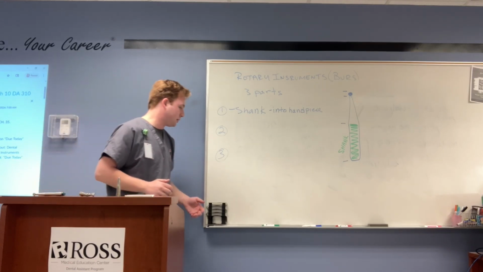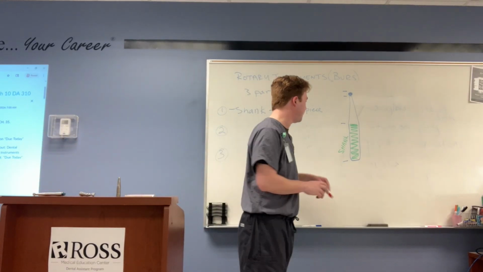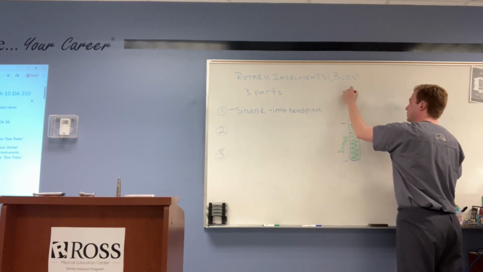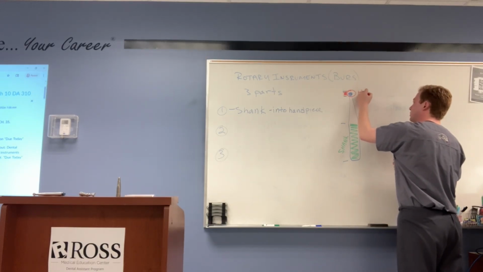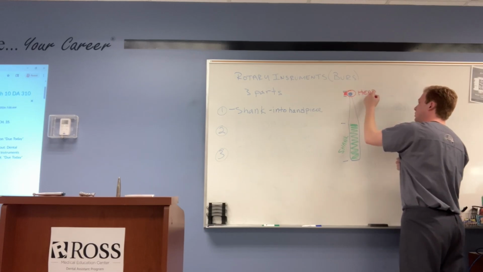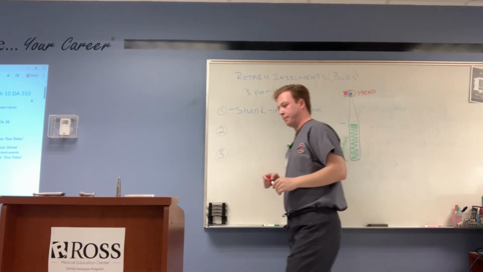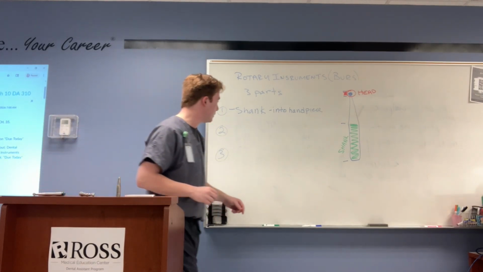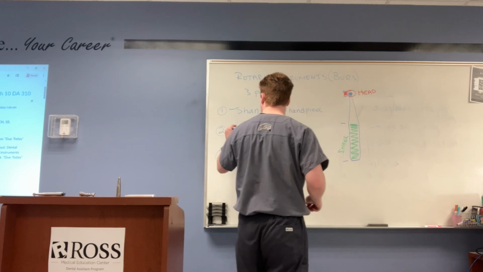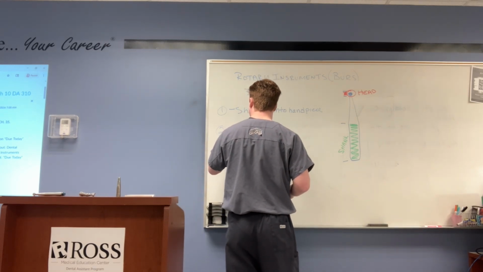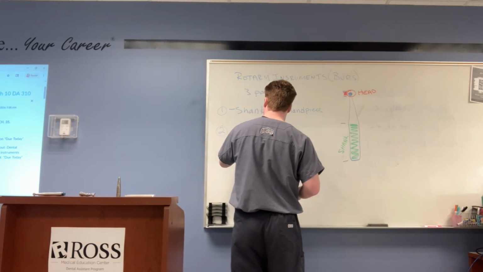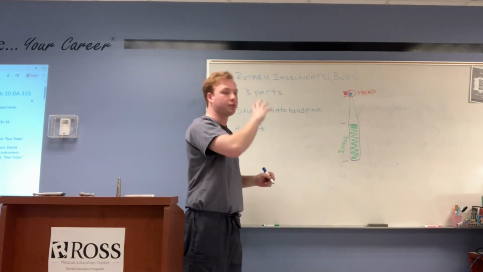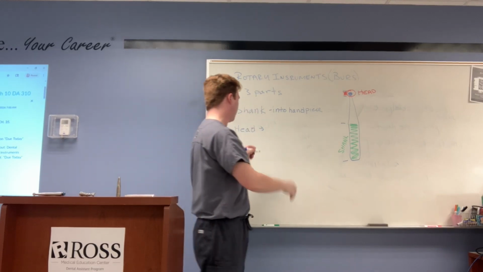The second one is the head of the handpiece. So this portion right here, the actual different shape it has. So we have the head. And this gives the bur the name in the shape, or provides the shape which gives us our name.